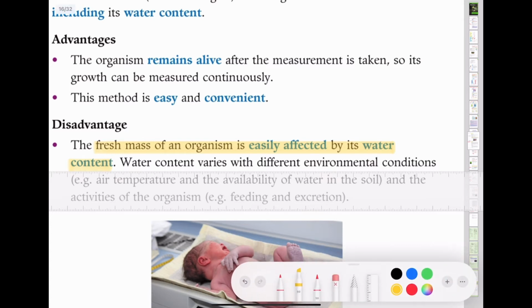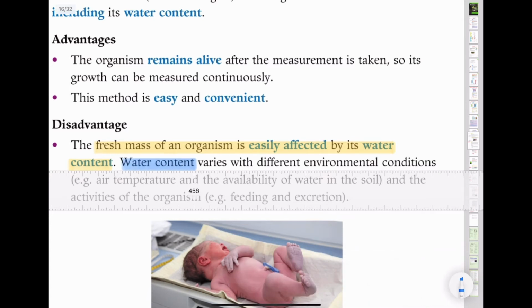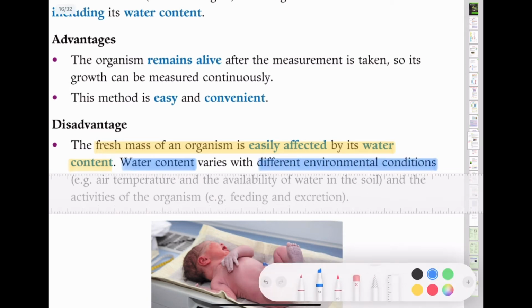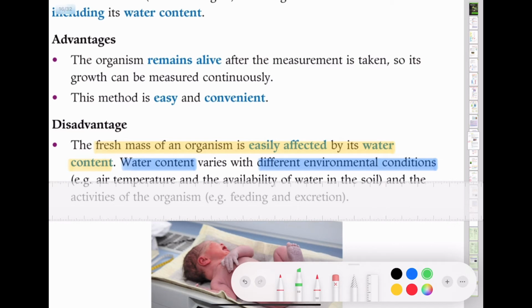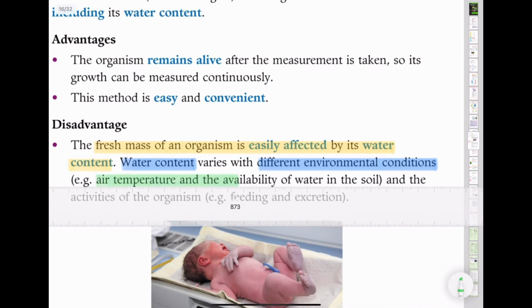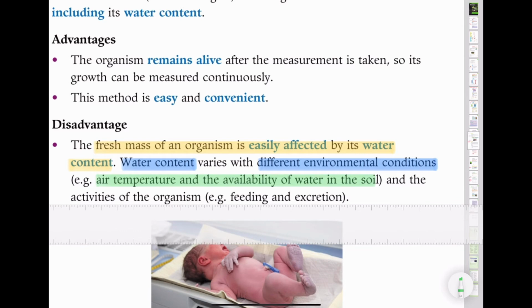The water content varies with the different environmental conditions. For example, the temperature. For example, the availability of water in the soil. Once the soil is so dry, the plant cannot absorb sufficient water, so the fresh mass will become lower. And also the activity of the organism.